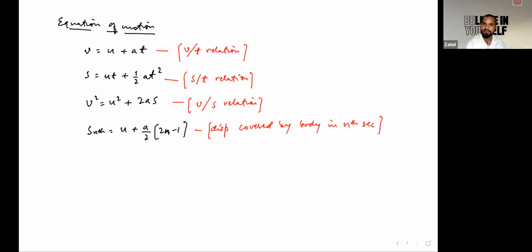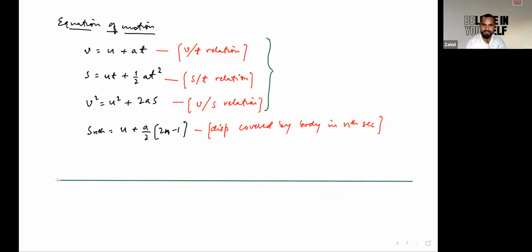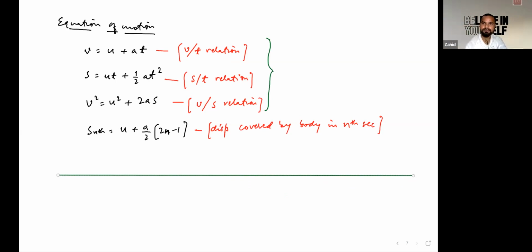I'm defining the relation between this equation and the other three equations. These three equations are based on a period of interval, meaning from the starting of the journey till that given time interval. Let's say you have a time interval like this.